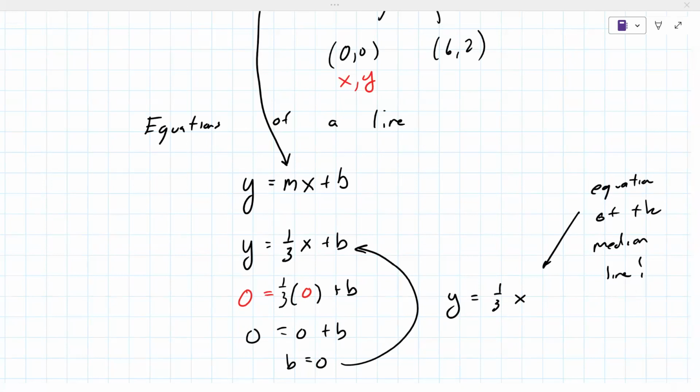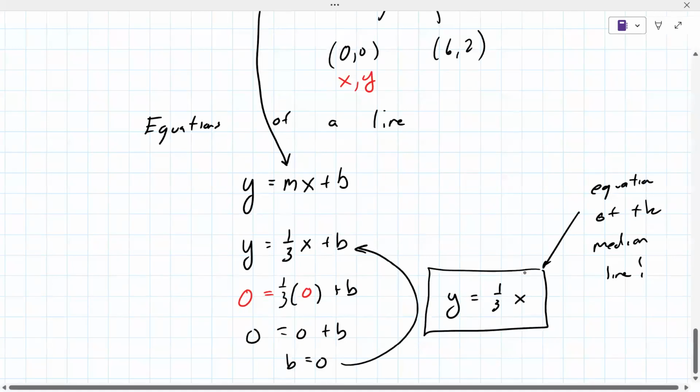Wait, how does y equal 1/3 x when it was multiplied by 0 and it became 0? We're using the point to find the value of b. Once we find the value of b, we put it back into the original equation, and this is the final equation.